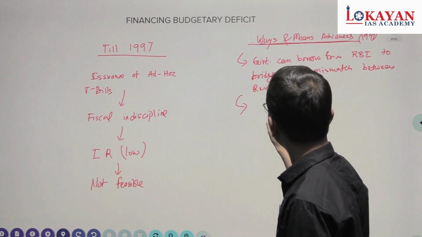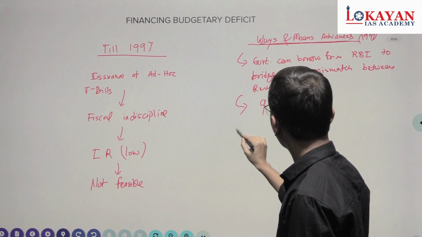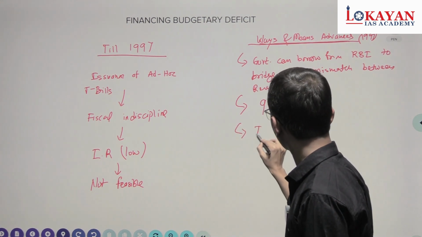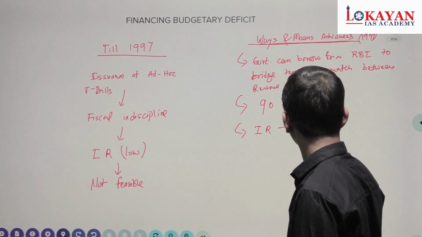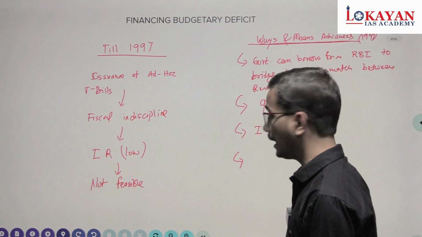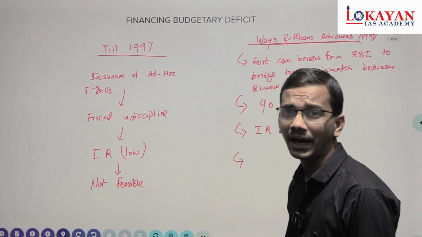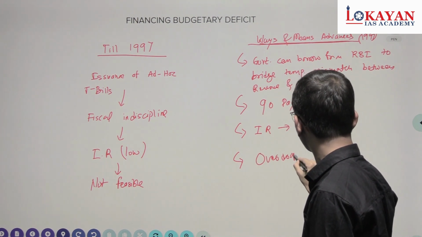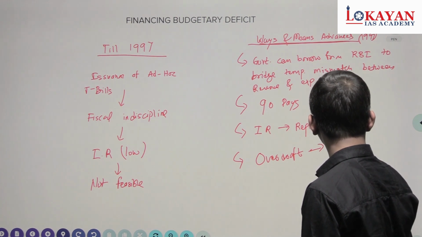Validity is 90 days. Interest rate is repo rate. And breaching this limit will convert the loan provided by RBI into overdraft with 2% extra interest rate.